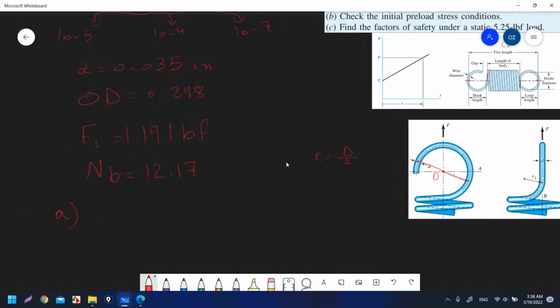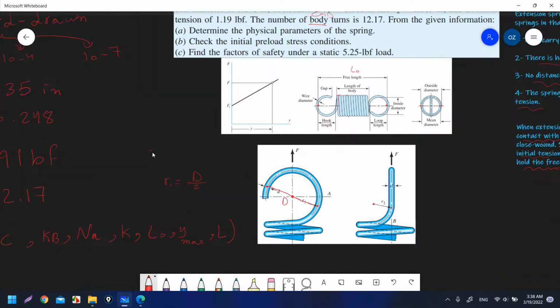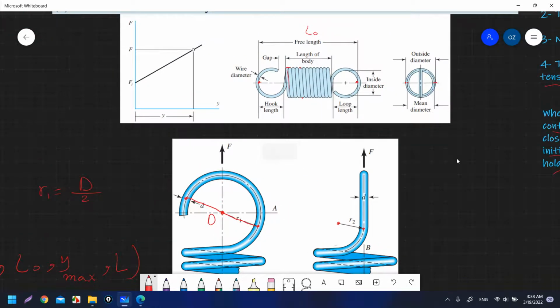Let's write them here. First, the physical parameters: D, C, KB, NA, K, L naught, Y max, and L. D is the mean diameter, D capital.